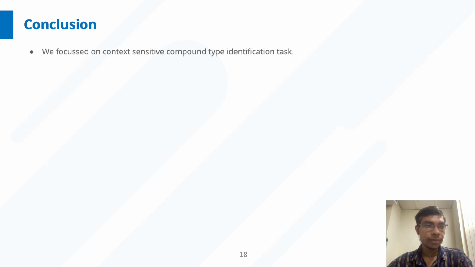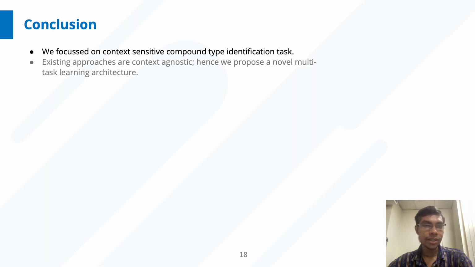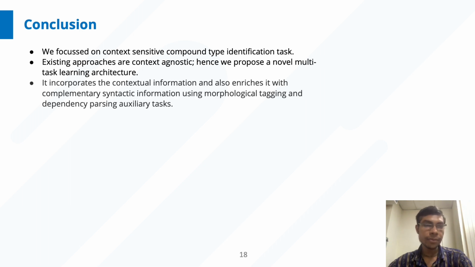Coming to the conclusion, we focus on context sensitive compound type identification. Existing approaches did not consider the context, which is very crucial, and in our architecture we consider morphological tagging and dependency parsing as auxiliary tasks along with the context.